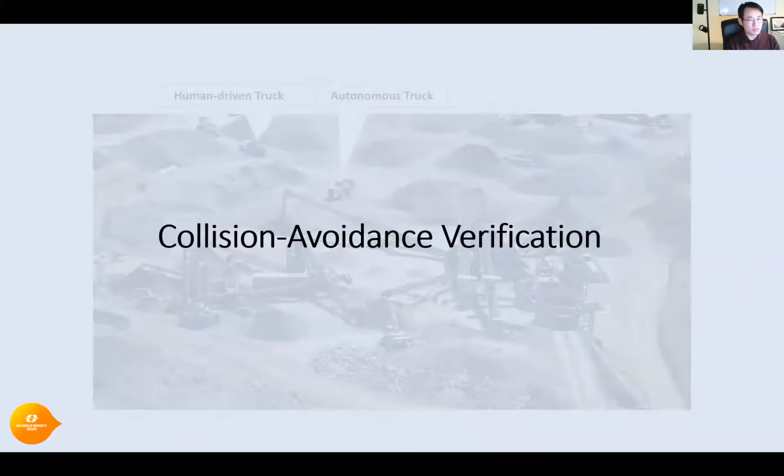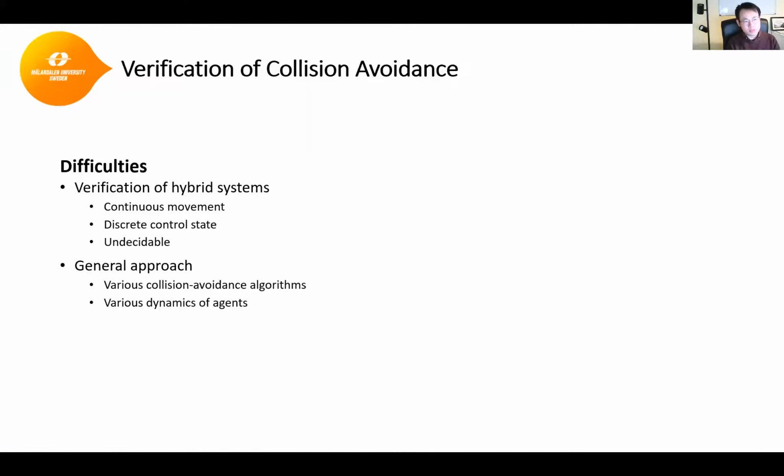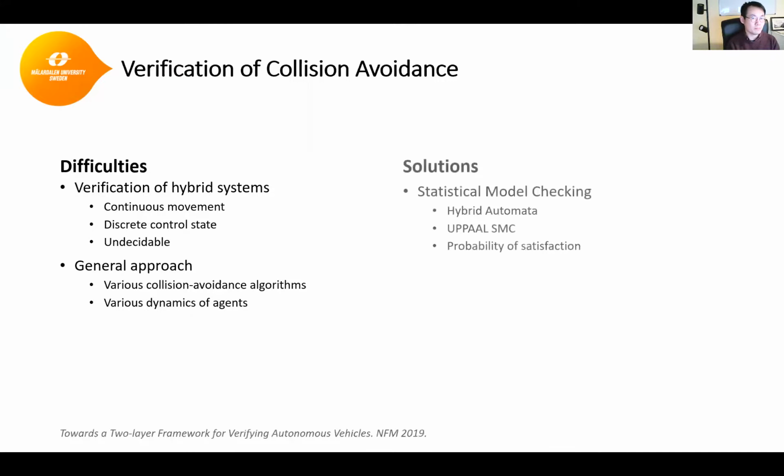Now, let's talk about collision avoidance. The difficulties of verification of the collision avoidance is twofold. First, it's an undecidable problem to verify hybrid systems because of the continuous behavior of the agents. Second, there's no general approach to verify various collision avoidance algorithms as well as various dynamics of the agents.